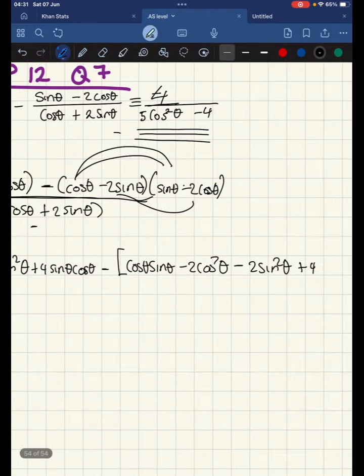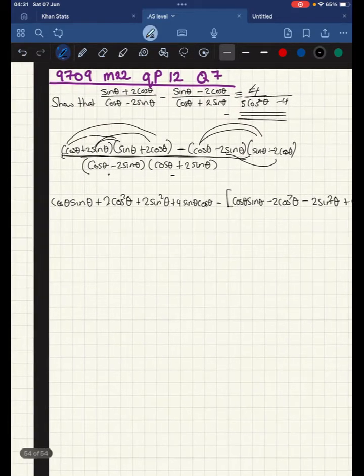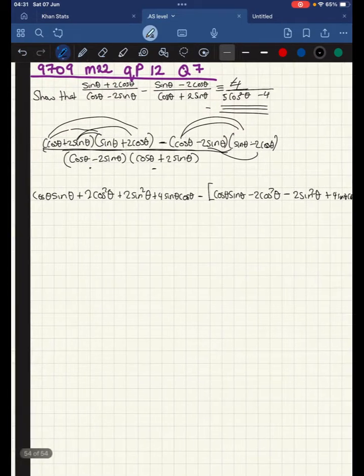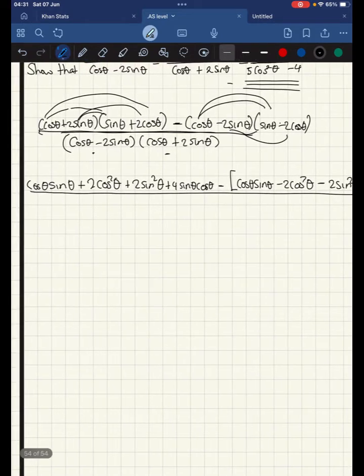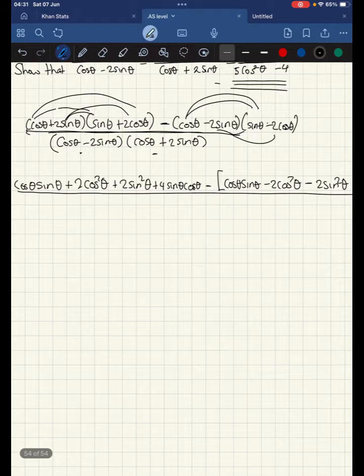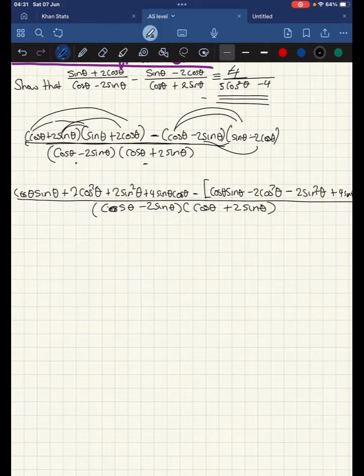This becomes 4 sine theta cos theta. Okay, close the bracket there. Like that, and that's our numerator. Then I'll just keep this for now: cos theta minus 2 sine theta cos theta.